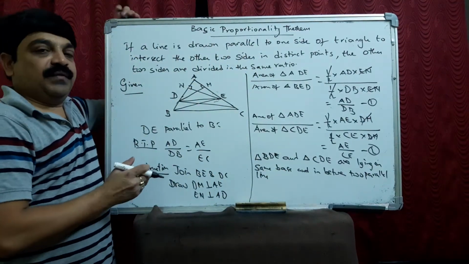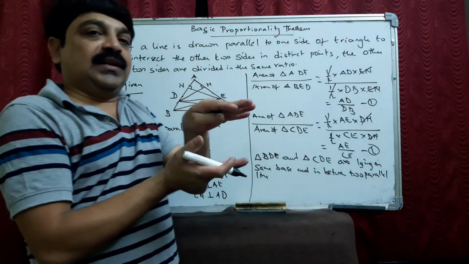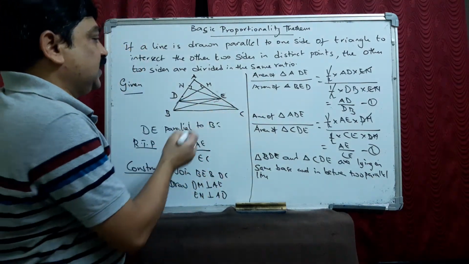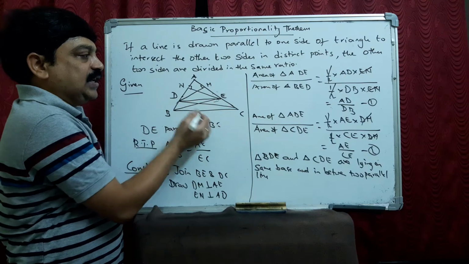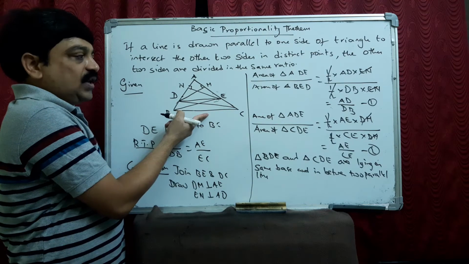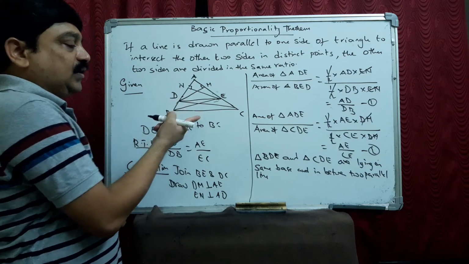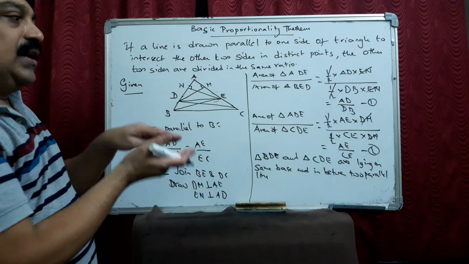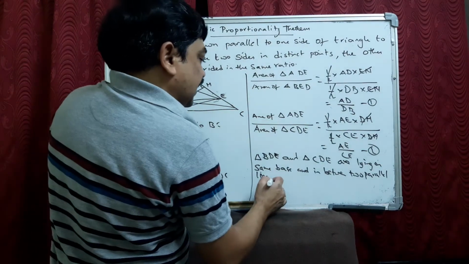When two triangles are lying in between two parallel lines and on the same base, DE being the same base for both of them, then their areas are equal.